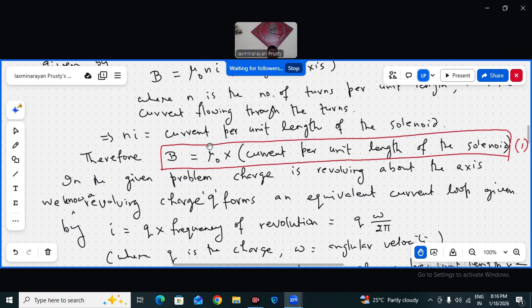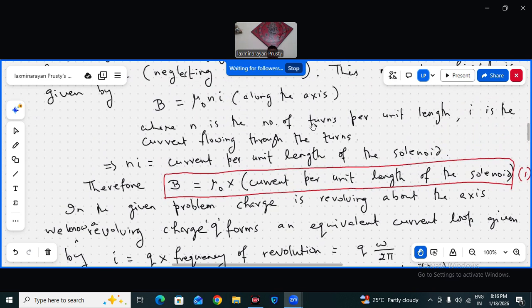So in this mu naught N i, which I wrote, N is the number of turns per unit length and I is the current flowing through each turn. So N into I will be the current per unit length of the solenoid, because N is the turns per unit length.